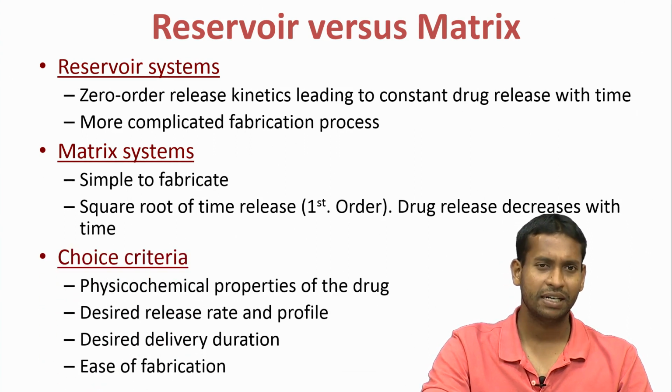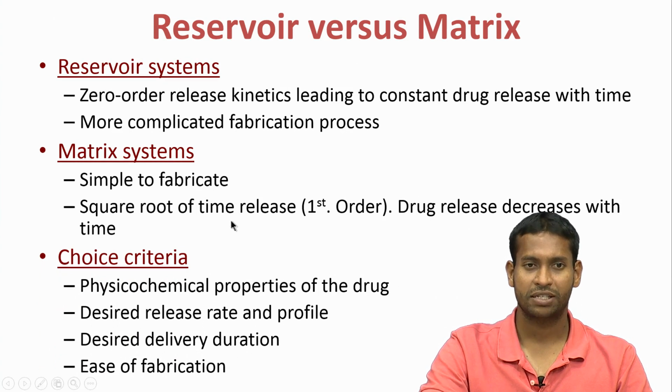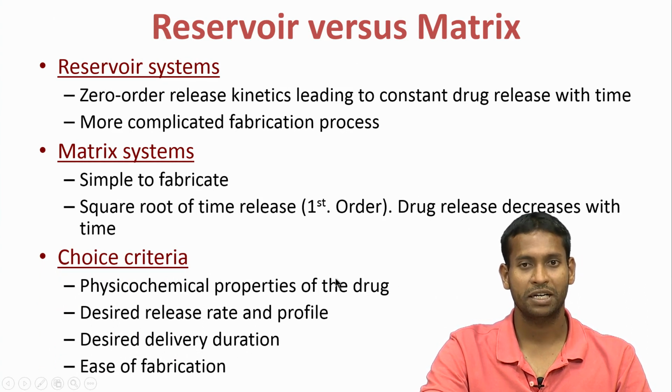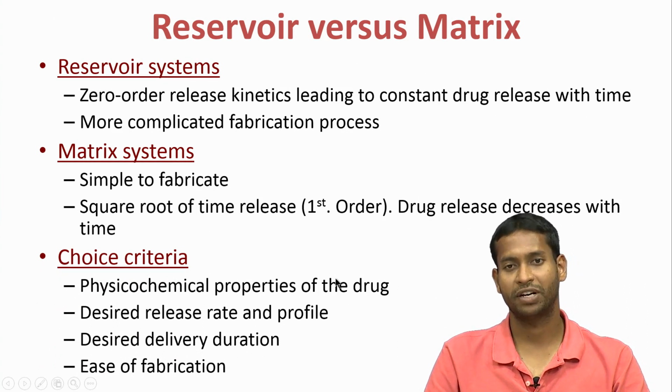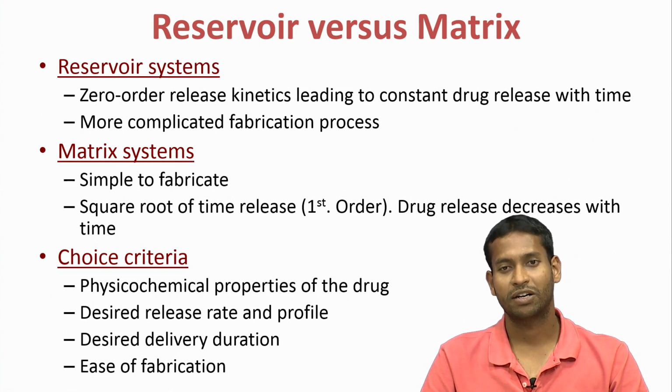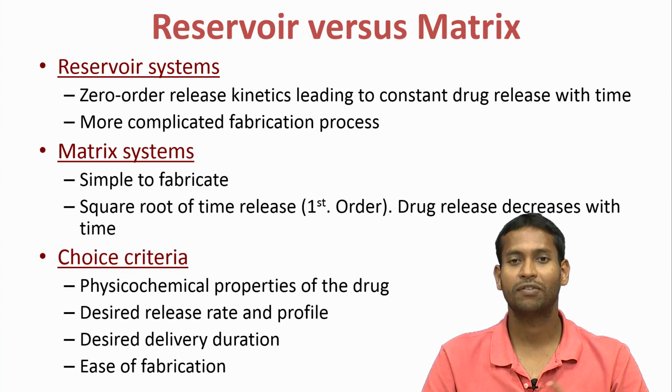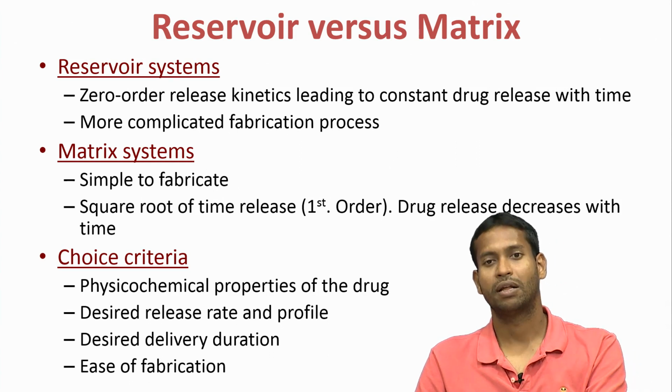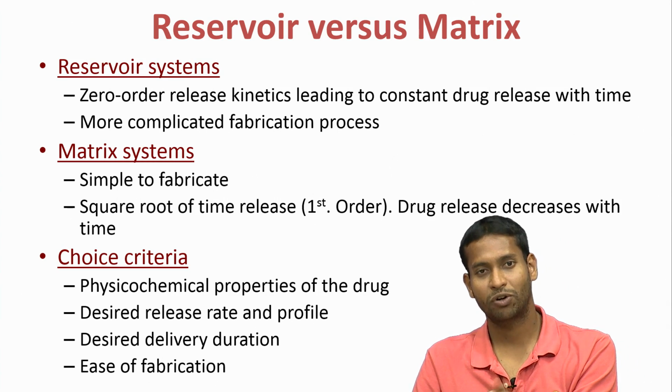So, the choice criteria depends on what the drug is, what its physical and chemical properties are, and whether you can get the drug to be soluble enough in high amounts. If the drug cannot be loaded into the polymeric system in high amounts, then you will have to go with the reservoir system. What is the desired release rate and profile? If you want the drug to come out fast in initial times and slow in later times, then you probably want to go with a matrix system.